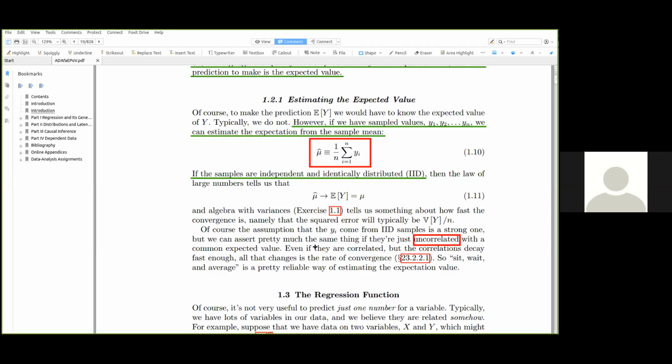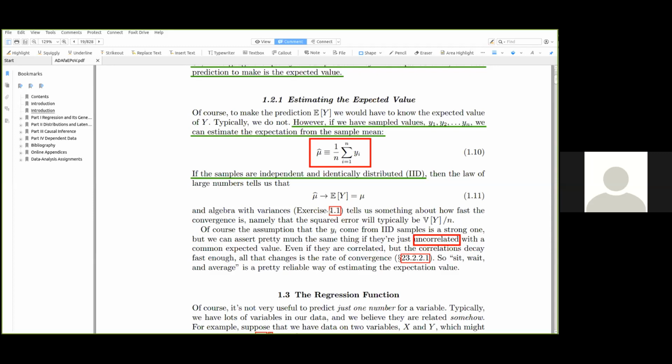If you can say this with some certainty, you can still say that mu hat will tend to mu. So you have reduced the strength of the assumption you're making. Instead of using a strong condition, you're now using a weaker condition.